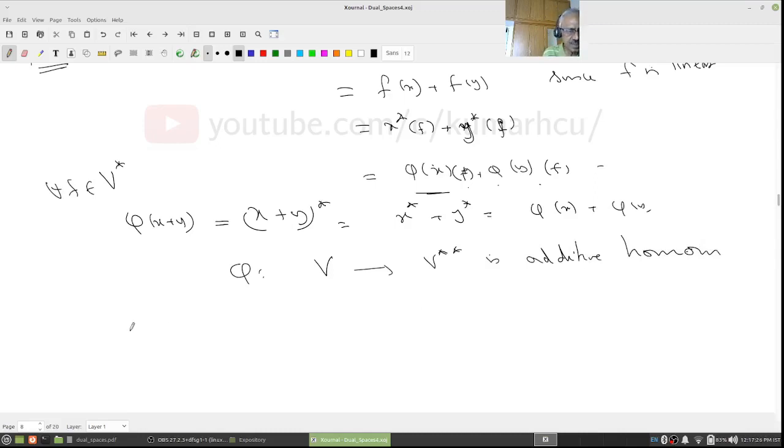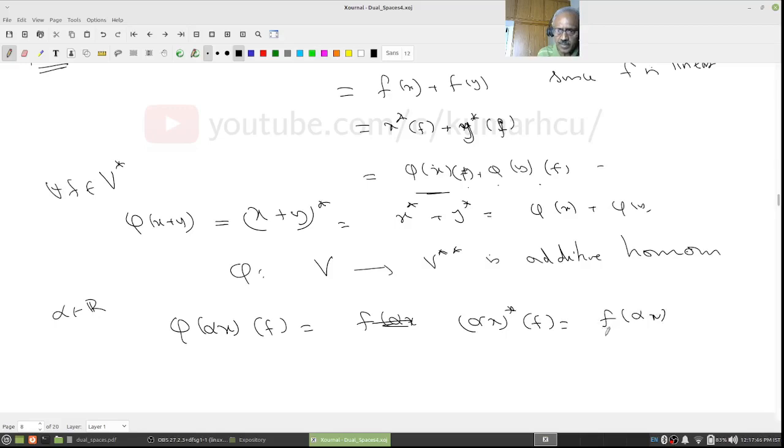And is it compatible with scalar multiplication? Let us look at that. Phi of alpha x. Okay, so alpha is a real number. So let us look at its action on f. That is f at alpha x. Okay, this is (alpha x) star of f, right? But (alpha x) star of f is f at alpha x. But f is linear, therefore it is alpha times f of x.